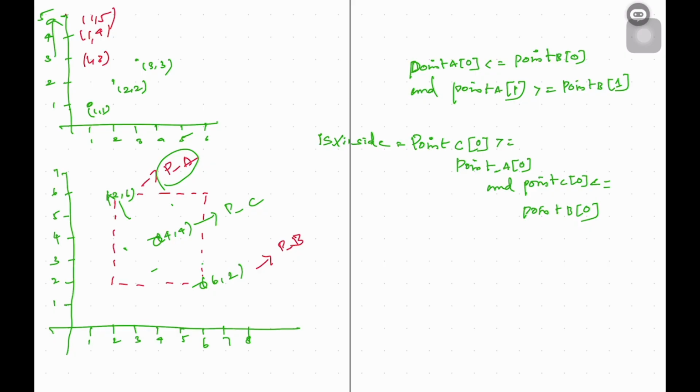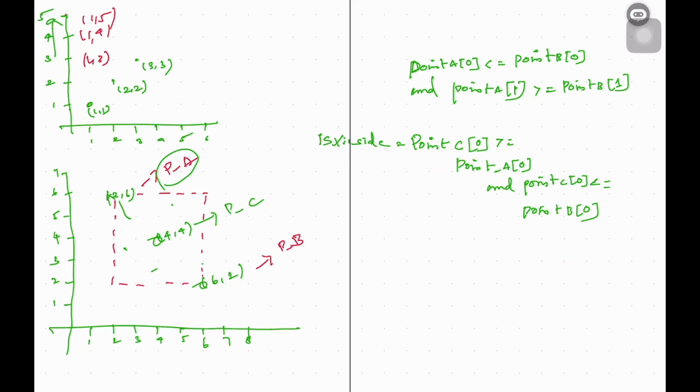Okay, now we got, x is inside. So here if you see, 4 is greater than or equal to and less than or equal to. Okay, if it lies here or here, whatever it is. Okay, now x is inside.